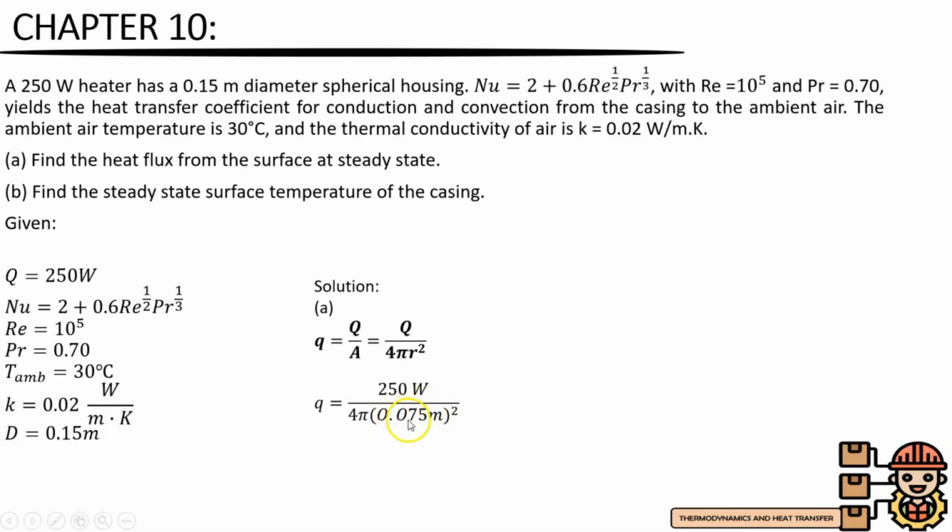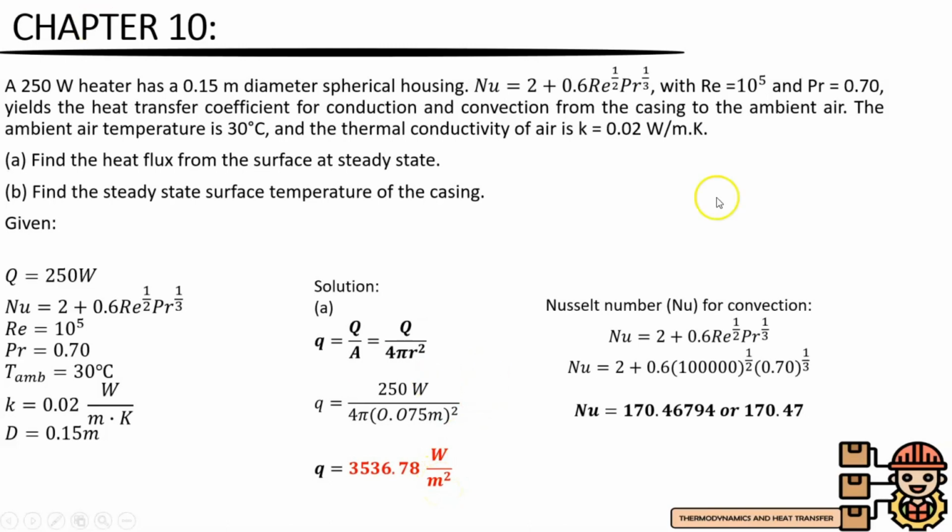The 0.075 meter is the value for our radius, since the diameter is 0.15 meter. By simplifying this equation, we get the value for our heat flux from the surface, which is equal to 3,536.78 watts per square meter.